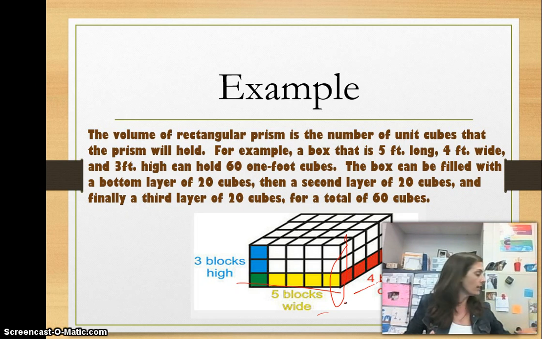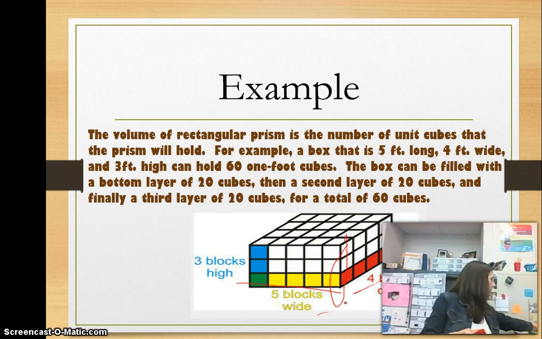So once you have the bottom, here's 5, 1, 2, 3, 4, 5, by 4. So the bottom would be, and we're counting, 1, 2, 3, 4, 5, 6, 7, 8, 9, 10, and we need 4 of those, 15, 20.